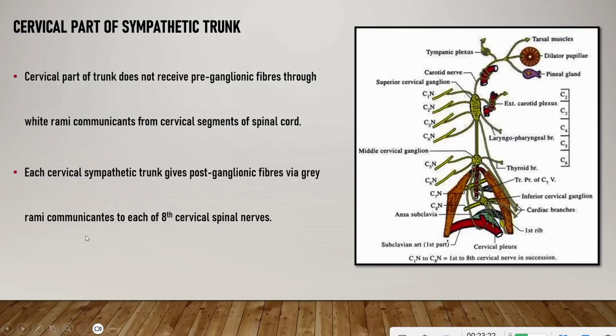That is what the diagram of a typical spinal nerve shows. But here is the exception. In the cervical part of the sympathetic chain, the preganglionic fibers do not pass through the white rami communicantes.